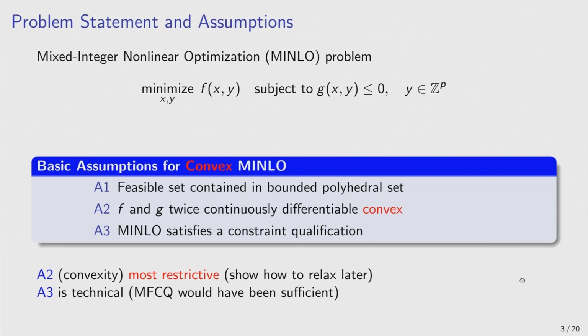So the most restrictive assumption is the convexity assumption, because it restricts us to a certain class of nonlinear problems. And the third assumption is just a technical assumption. You can probably get away with a weaker assumption there if you ensure that your solver somehow manages to terminate gracefully if these assumptions are violated. But that's an implementation issue.